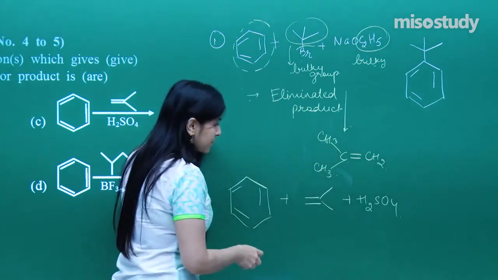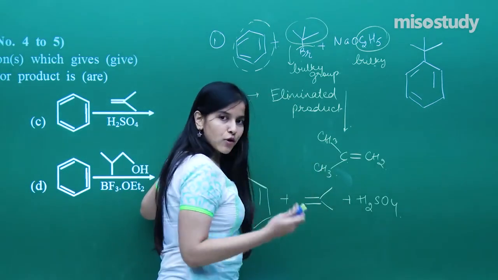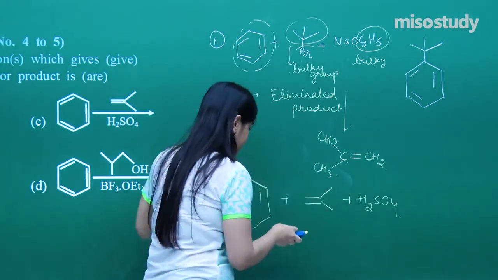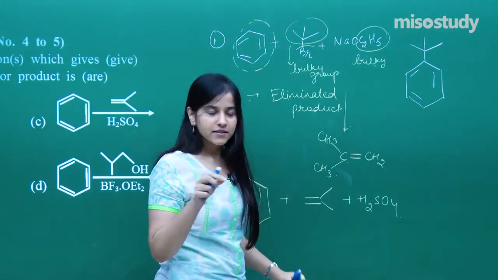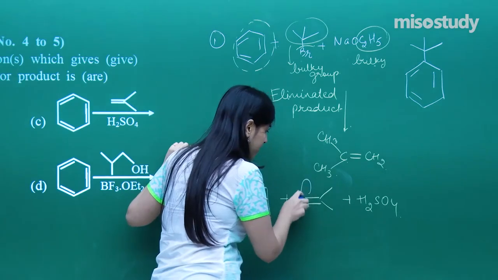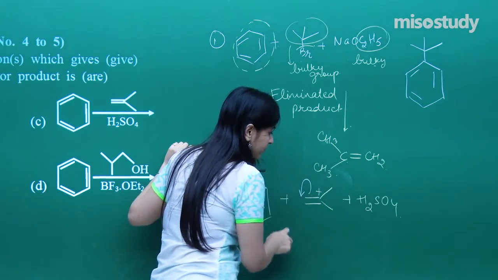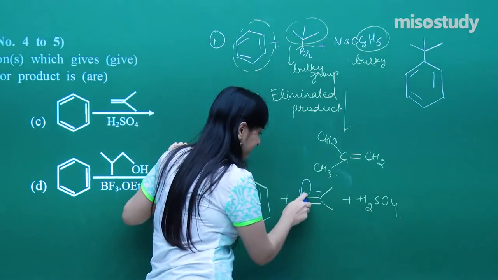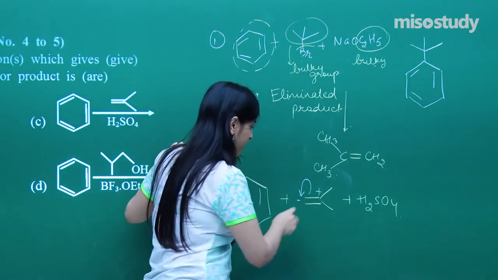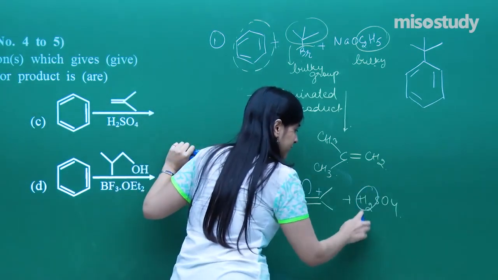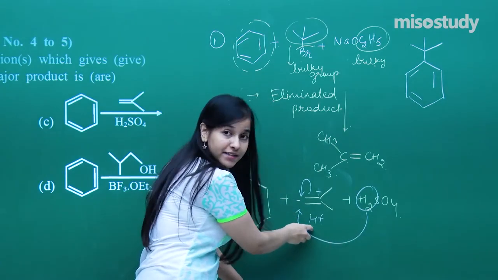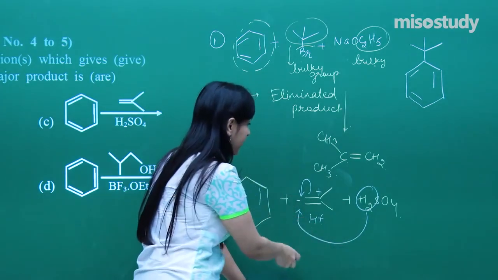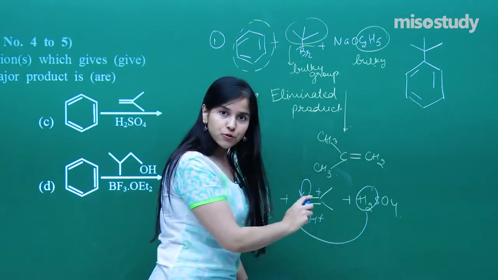So basically what happens here, this double bond will shift to either side, onto that carbon where there will be the formation of a more stable carbocation. So here positive is developed, a tertiary carbocation, and here negative is developed. This negative charge will be fulfilled by this H positive, which has come from the H2SO4.